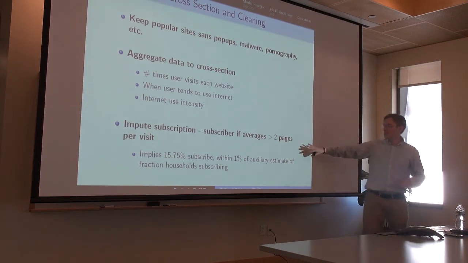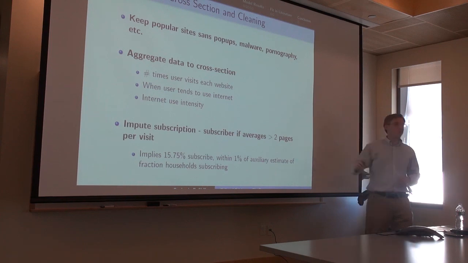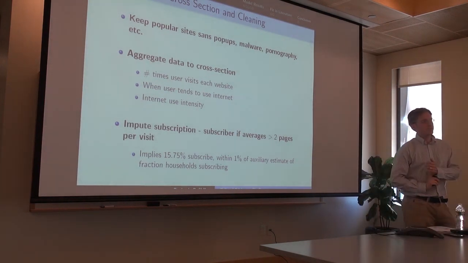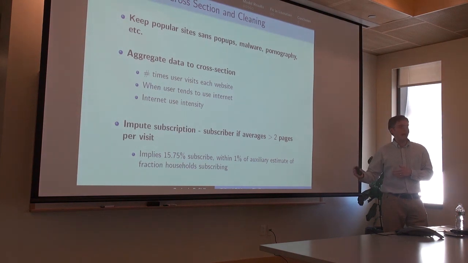And then the third thing that I did to the data is I imputed whether or not someone was a Netflix subscriber. For some people in the data, they purchased it during the year on the computer that was monitored, and so for these individuals, I observed exactly which tier of Netflix they purchased. For the remaining users, I did not observe them buying it, so I had to impute whether they're a Netflix subscriber.